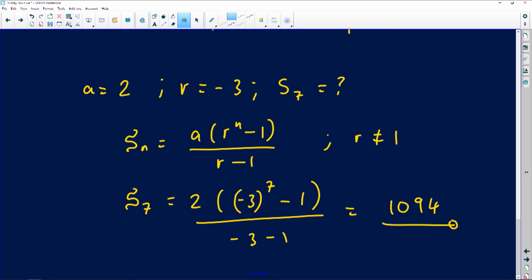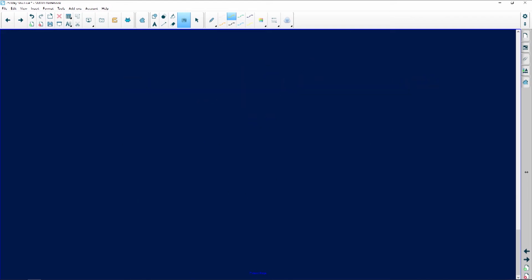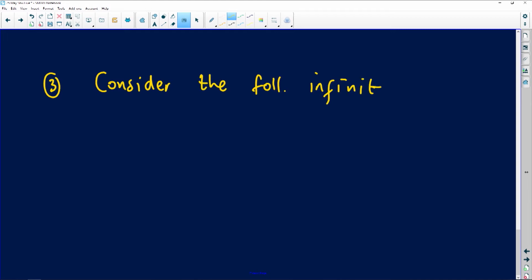All right, the last part of this awesome sequence and series question says the following. Consider the infinite geometric series. This is number 3.